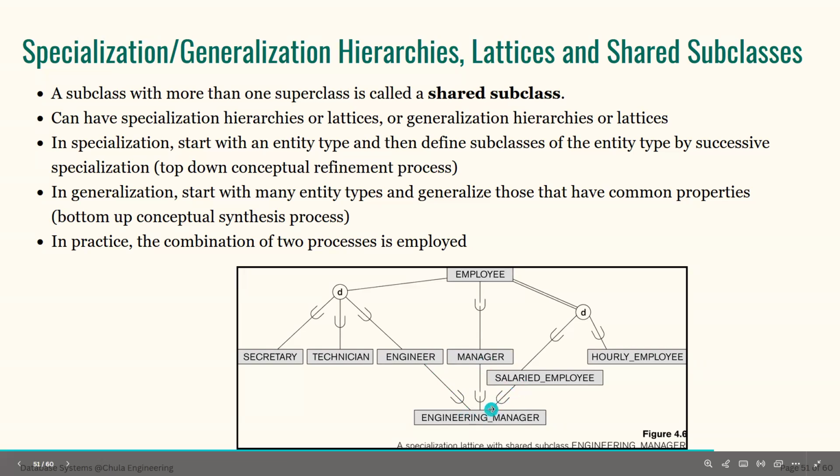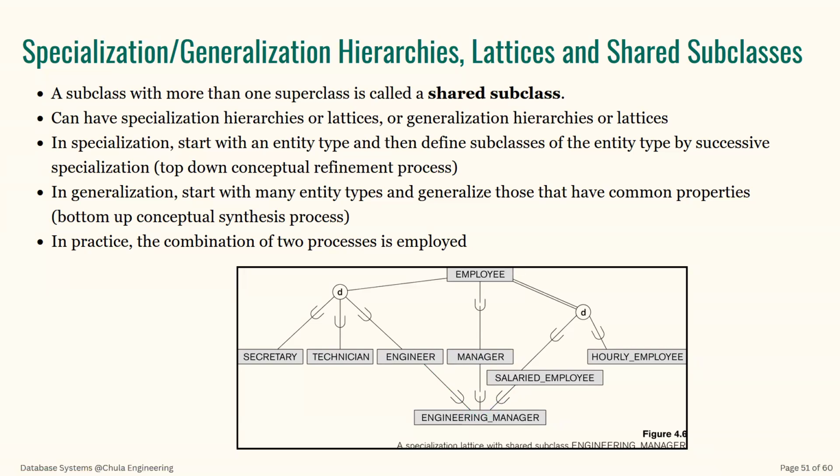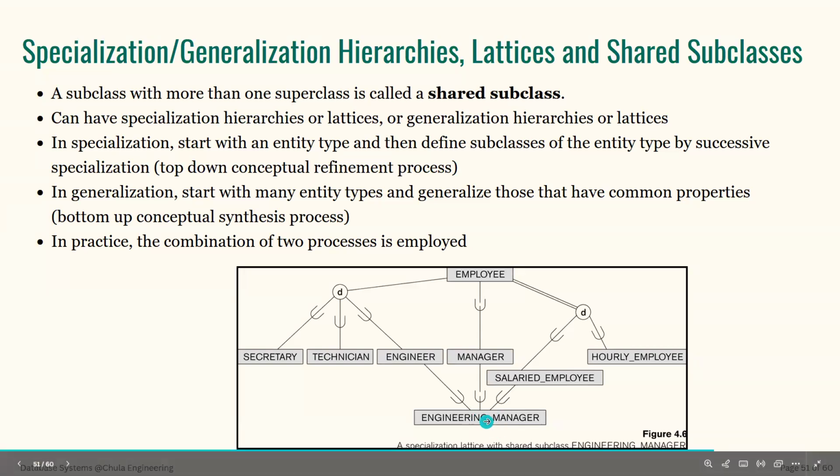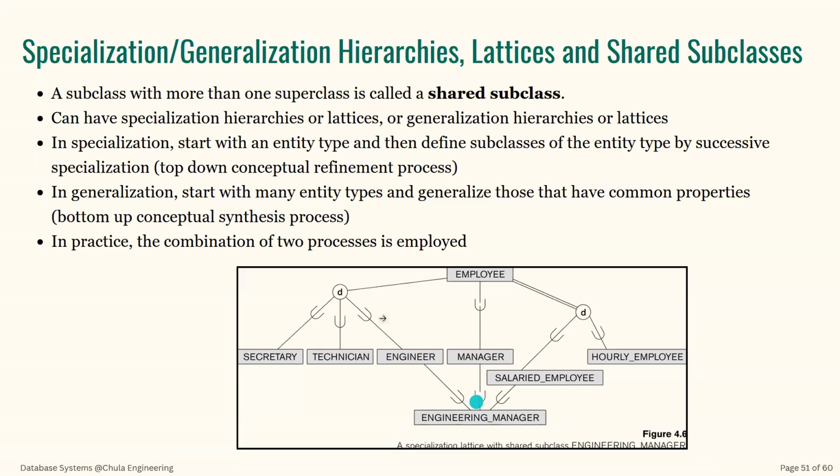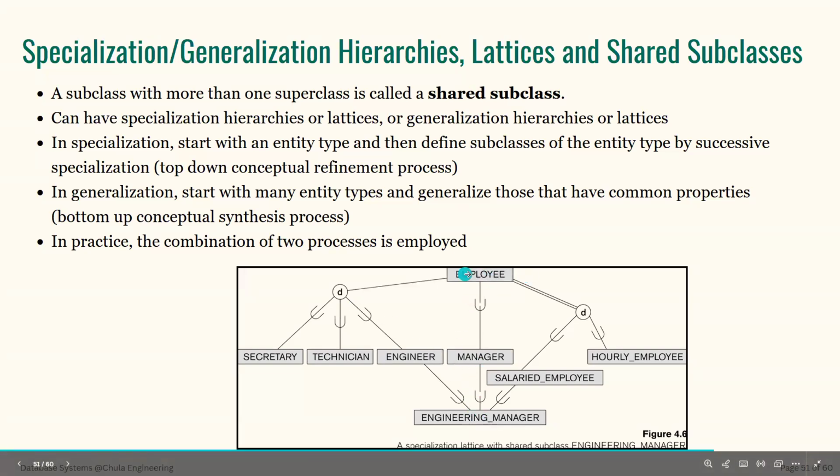So it has many of the superclass. So it is a lattice, not a hierarchy for sure. Now, it is a shared subclass because a subclass with more than one superclass is also a shared subclass. It's shared because it is shared by many of the superclass.